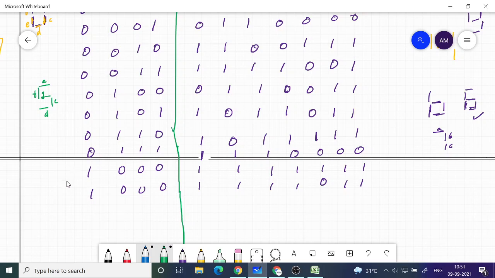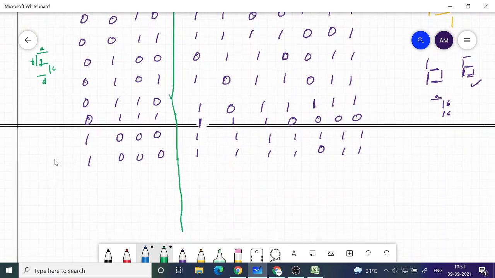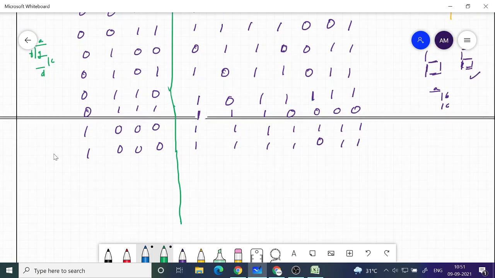So in this example it is like this. So in such cases, how do we find the simplified expression? Since the remaining cases don't arise, what we do is we write down those cases, like 1, 0, 1, 0.